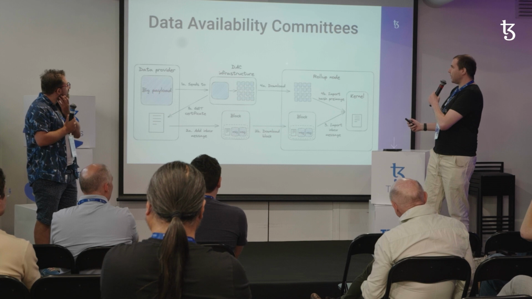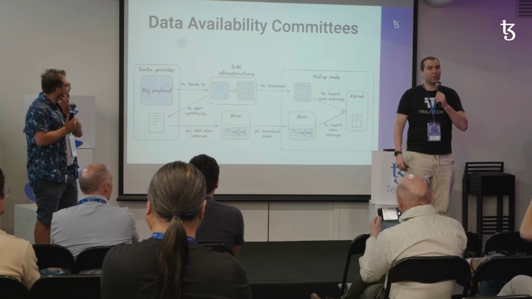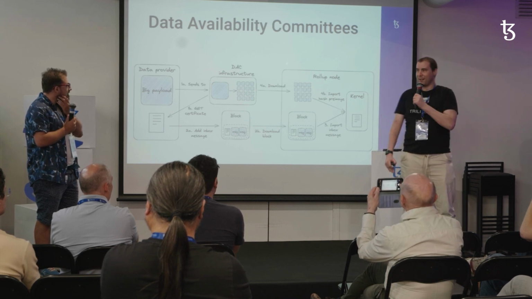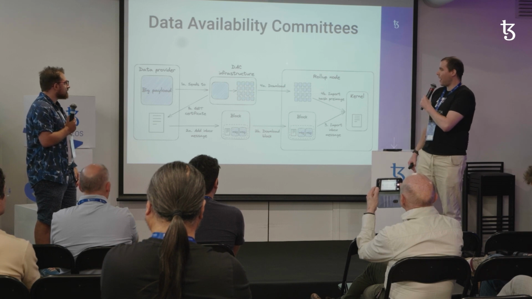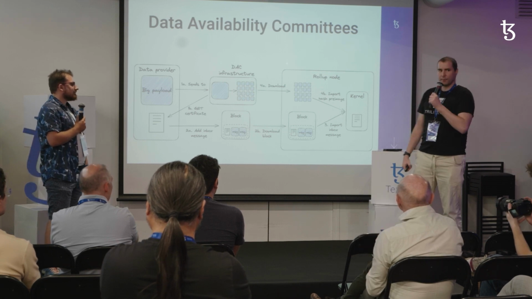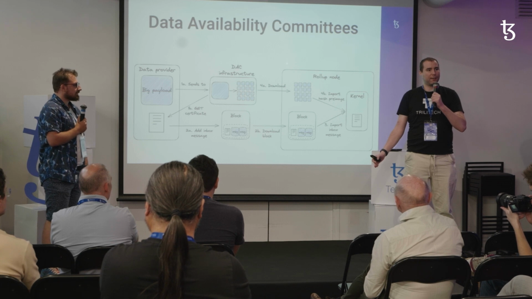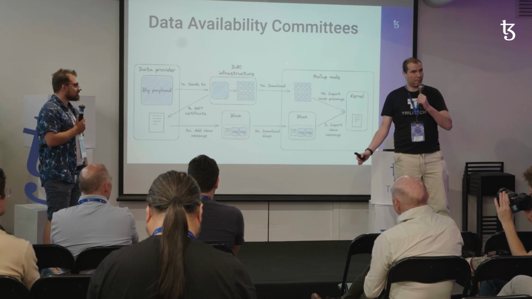Now, with data availability committees, the situation looks much more complicated, but let me explain. We now have a payload that can be, for example, for the demo, it was 2 megabytes in size, more than a block.